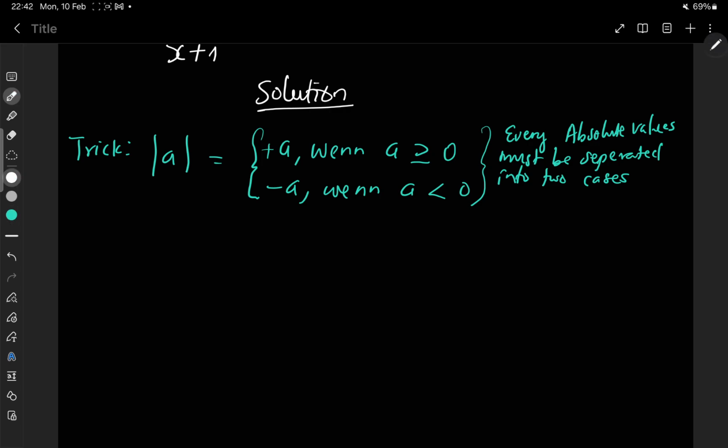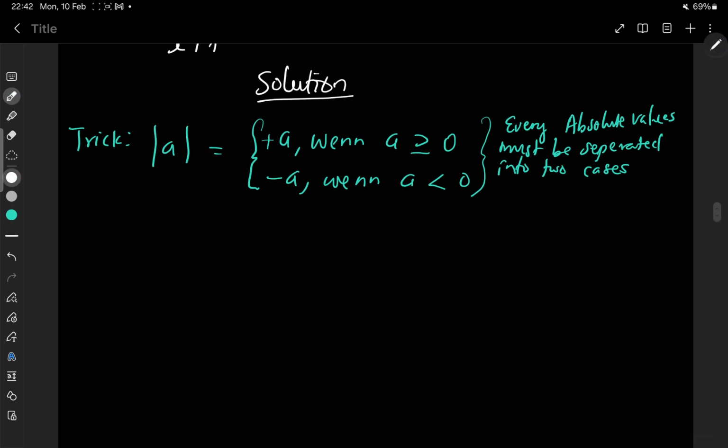So with this in mind, we can now apply this logic to solve this problem. So we have case 1.